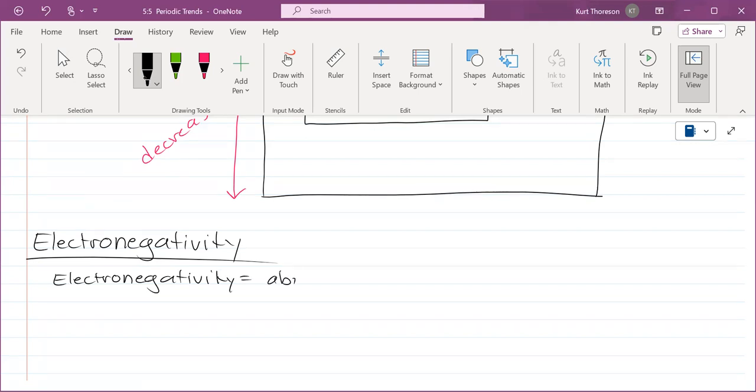This is the ability of an atom to attract electrons or an electron.